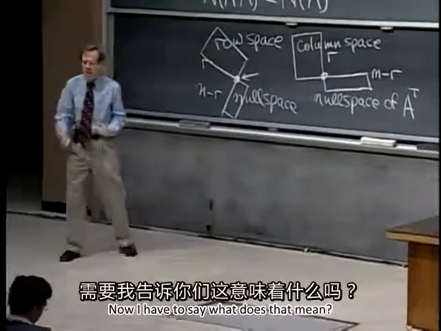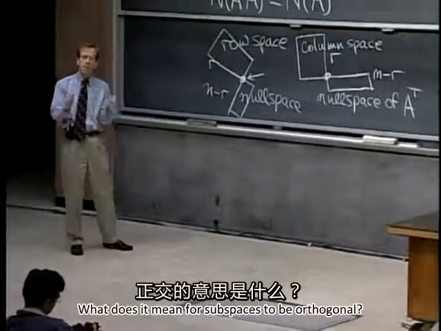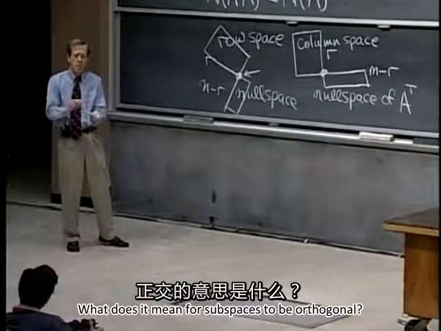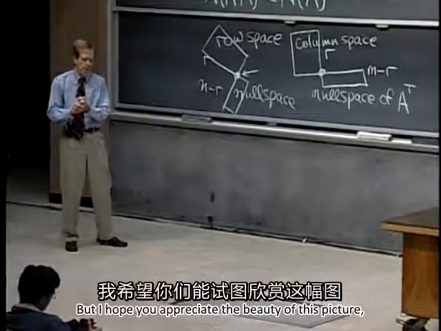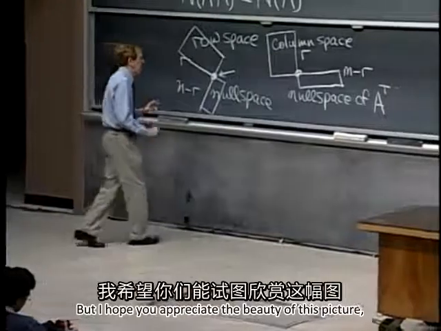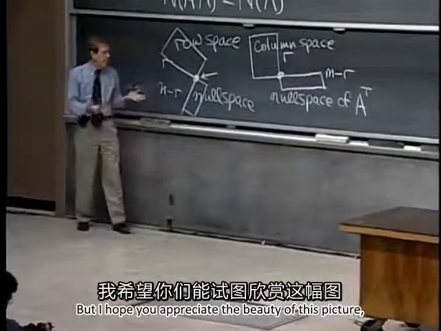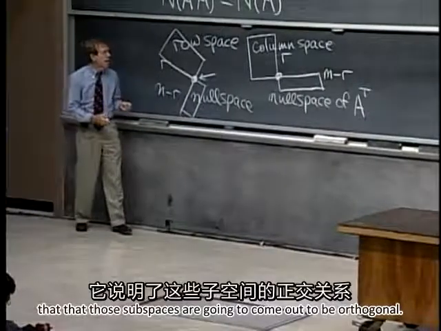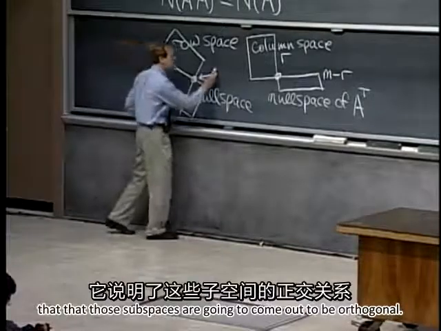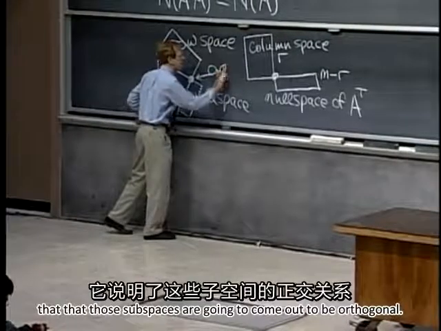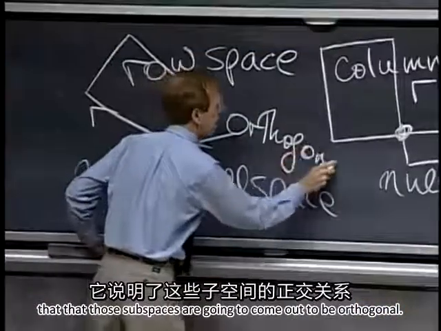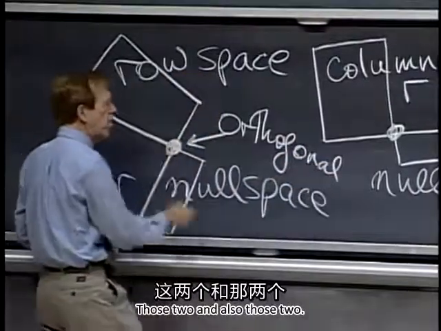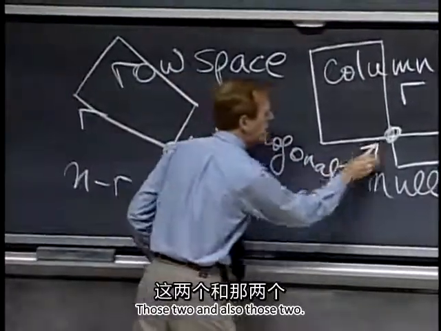Now I have to say, what does that mean? What does it mean for subspaces to be orthogonal? But I hope you appreciate the beauty of this picture, that those subspaces are going to come out to be orthogonal. Those two and also those two.